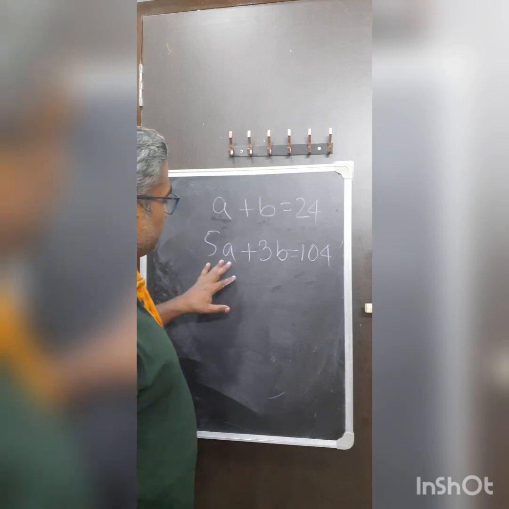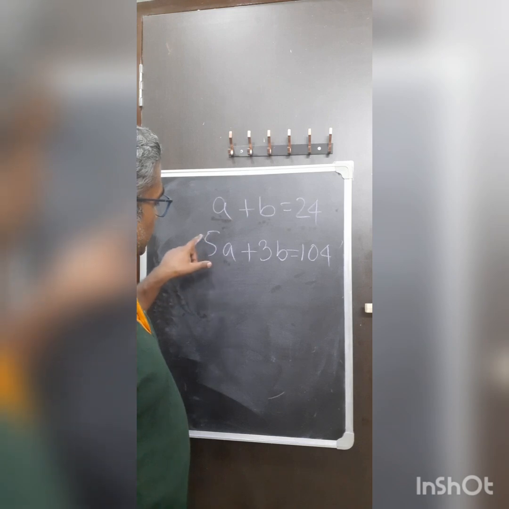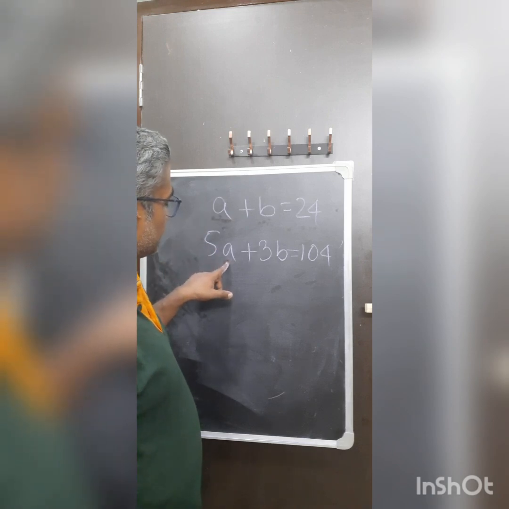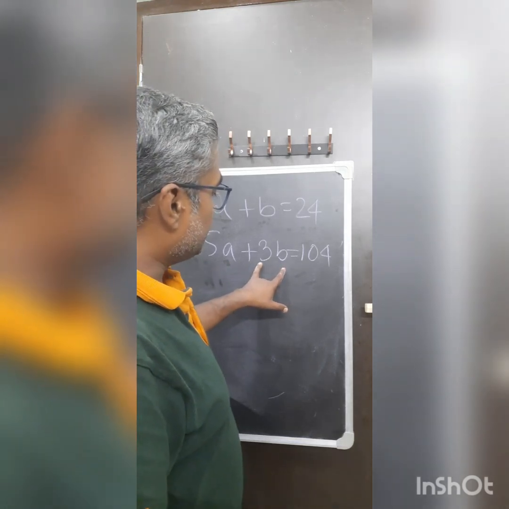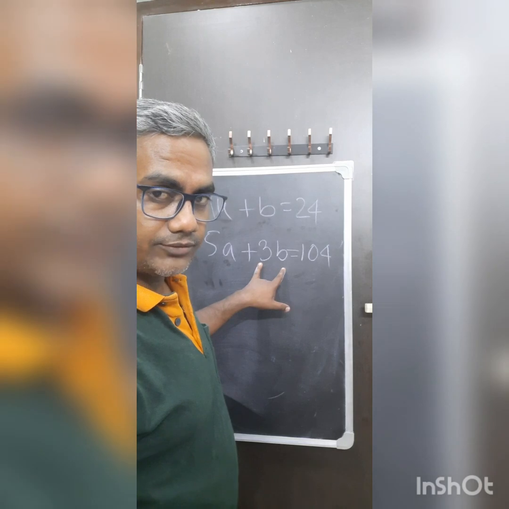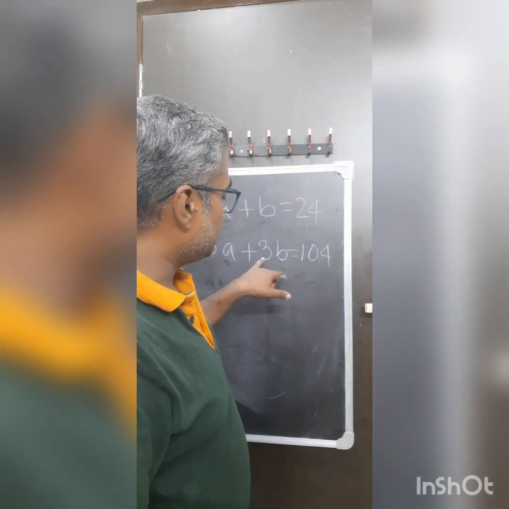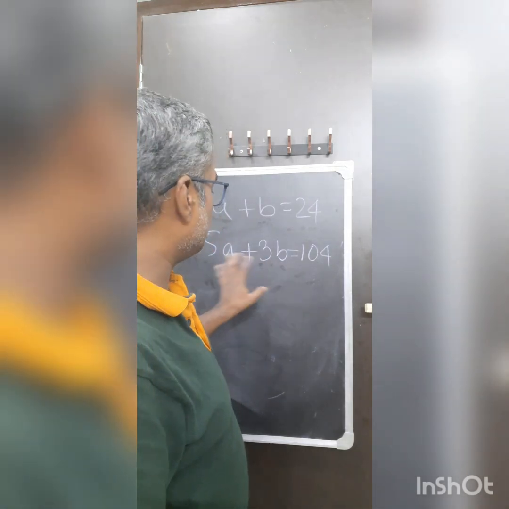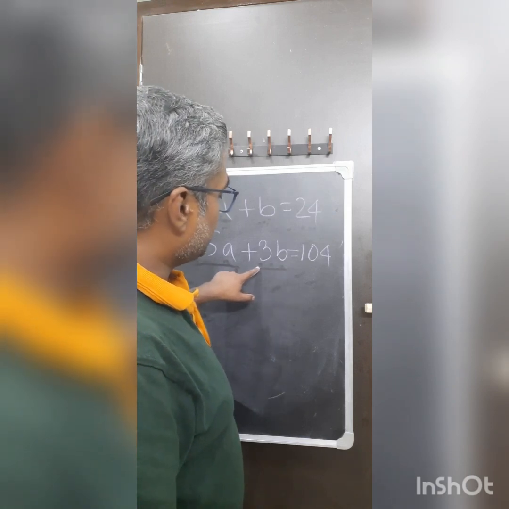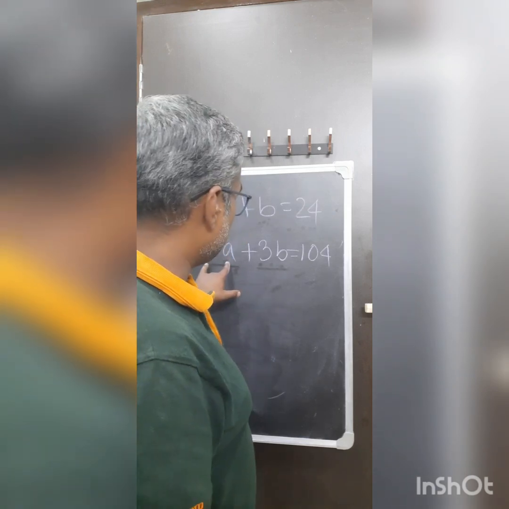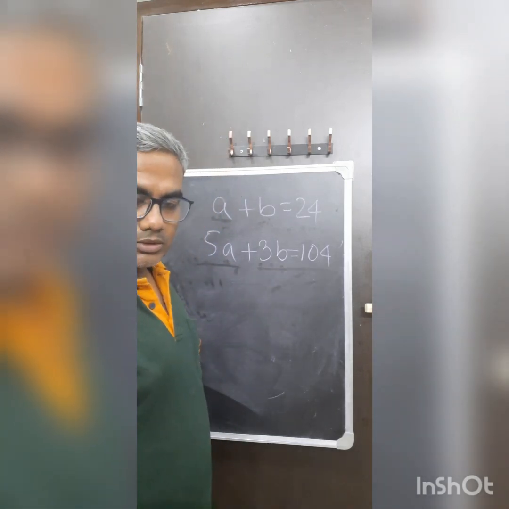And the marks obtained by attempting A type questions: for one question I get 5, so for A questions I get 5 into A. Similarly, for questions carrying 3 marks, each gives 3, so 3 into the number of questions. So the total marks obtained by attempting all questions correctly is 5A plus 3B. It is nothing but 104, the marks the student has secured.